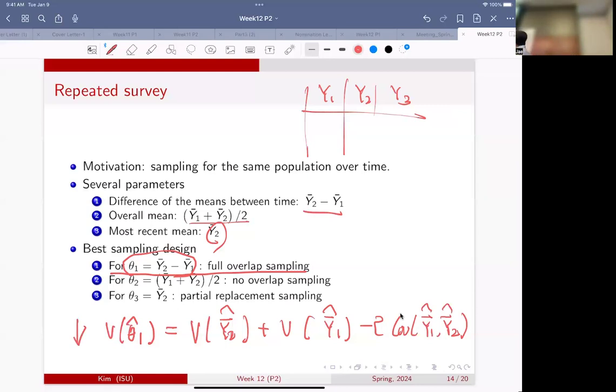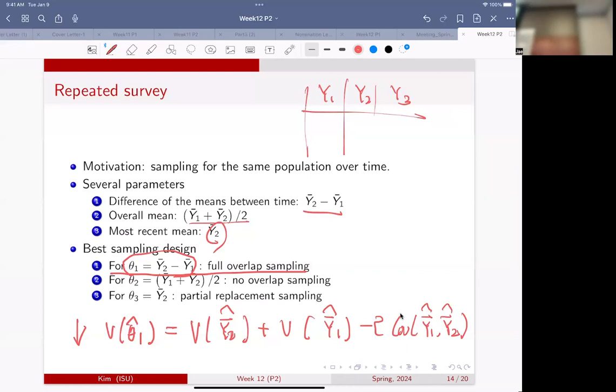So how can we make the variance low in sampling? Usually Y1 and Y2 are measurements at different times, like last year, so they could be correlated, right? You don't change dramatically; you change little by little every year.